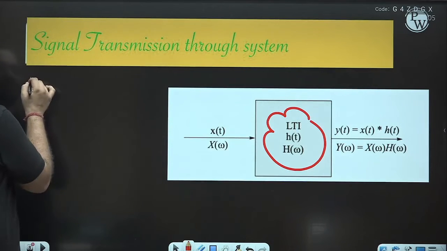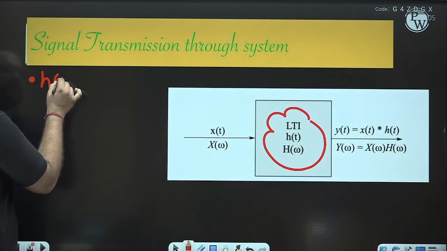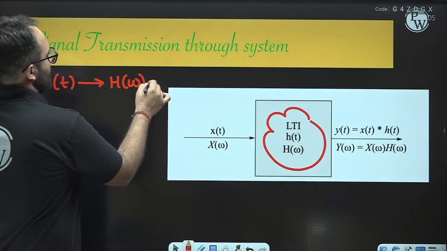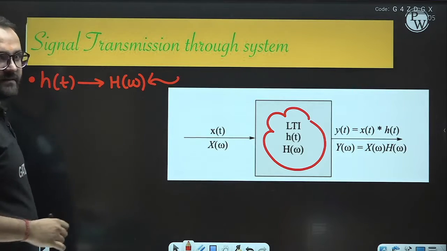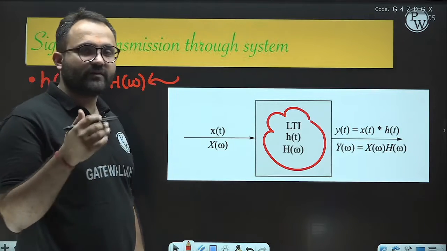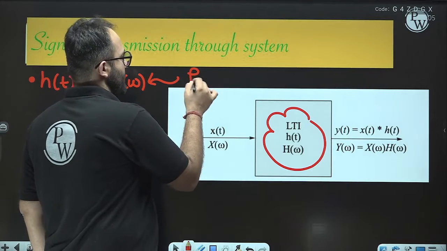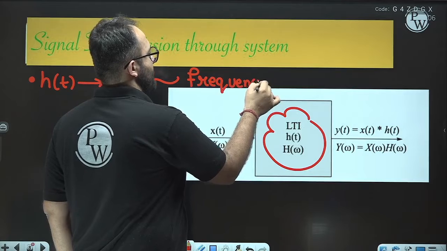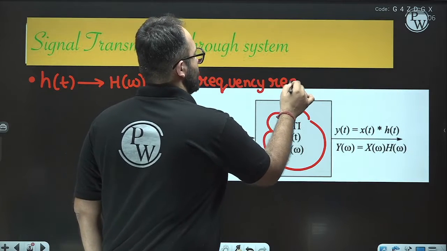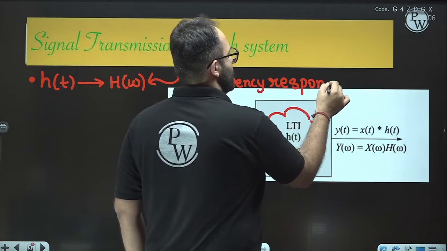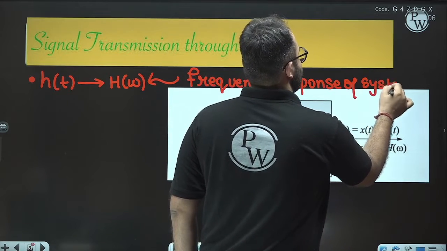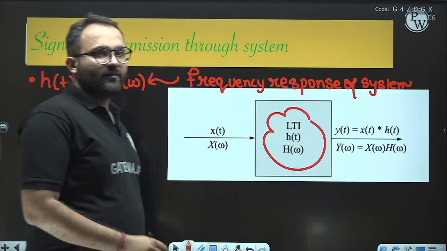Here three terms are very important. h of t has Fourier transform H of omega, and the name of H of omega is the frequency response of the system.